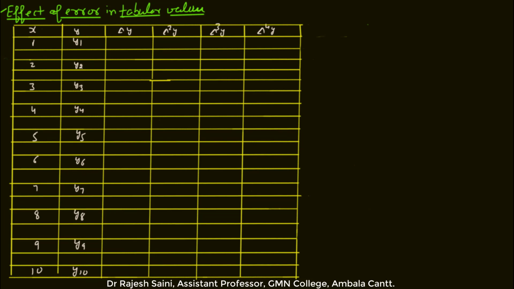And for the sake of simplicity, we assume that there is an error in the true value, given by y6 plus e, where e is the error in the true value y6.